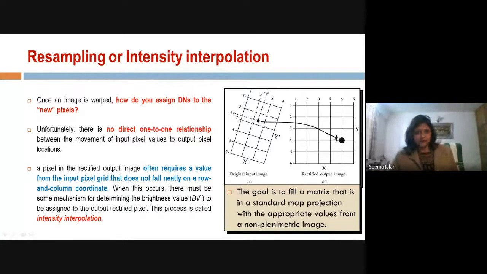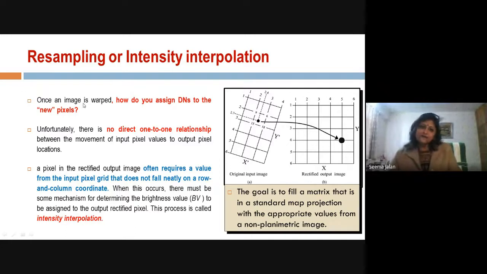So this is the second step of georeferencing, where you interpolate the intensity values, which we call resampling. The first stage is that you project your grid, and the second is you resample, that is, you bring intensity values and fill them in the output grid.